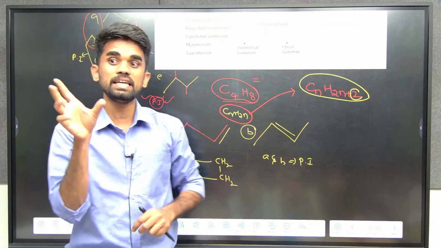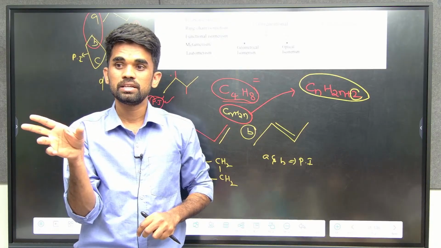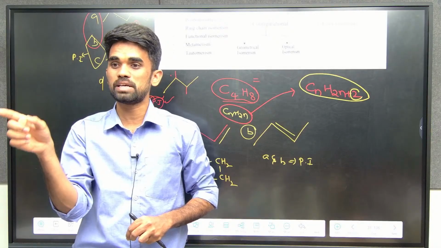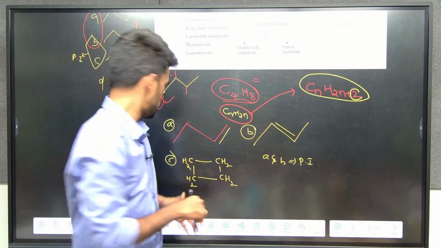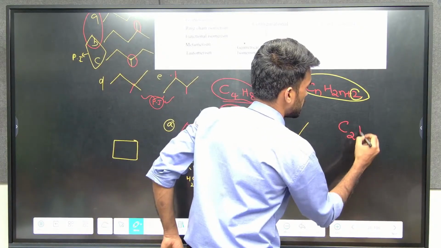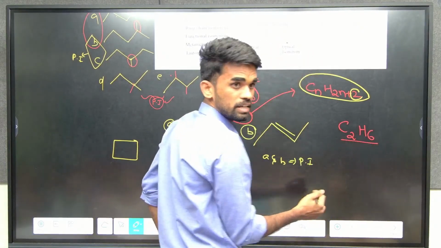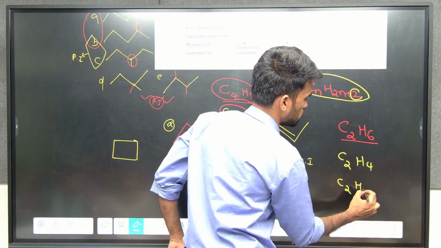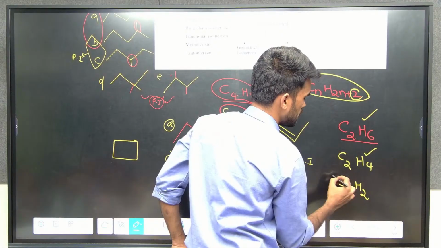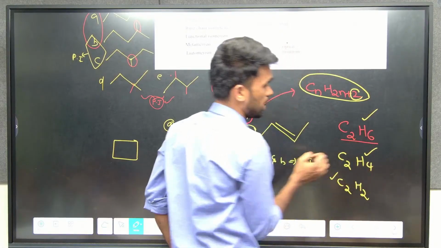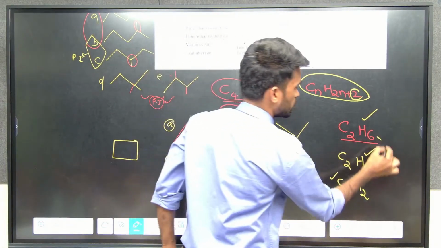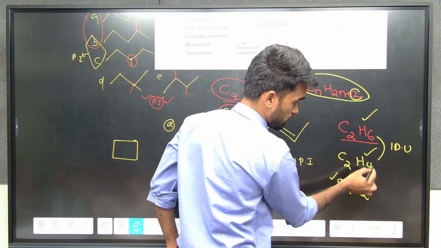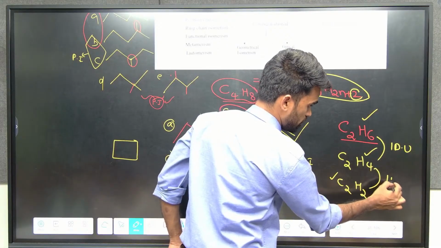For example, ethane contains how many hydrogens? C2H2n+2, C2H6, this is ethane. Ethene, C2H4. So here to here, how many hydrogens are less? So here 1 degree of unsaturation. From here to here, how many hydrogens less? Here also 1 degree of unsaturation.